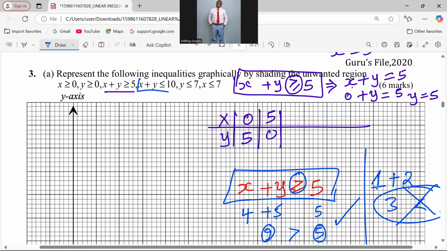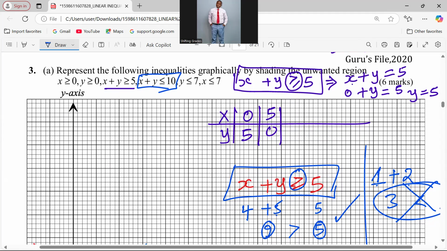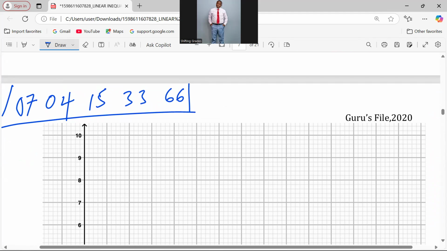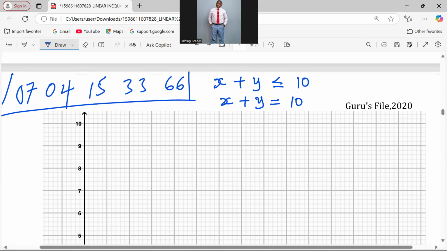x plus y less than or equal to 10, which means the equation to represent the inequality is x plus y equals 10. So we come up with a simple table. When x is 0, what shall we have as the value of y? x as 0 plus y equals 10, so y equals 10.